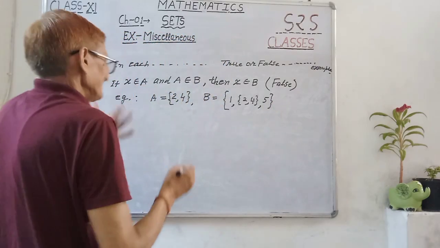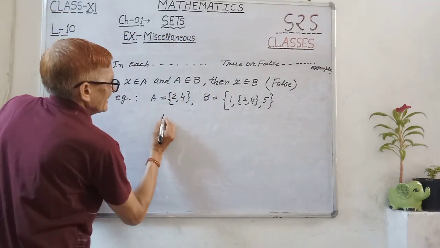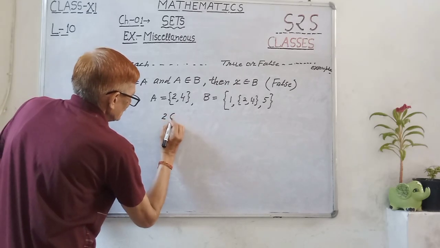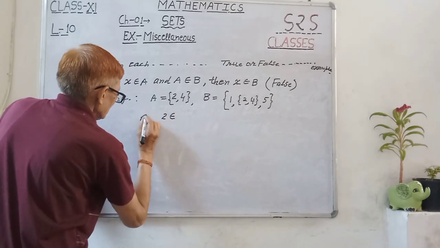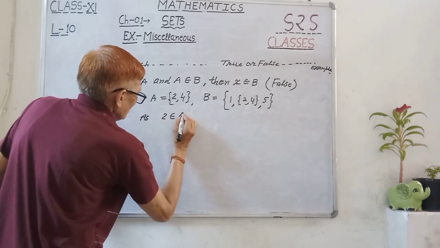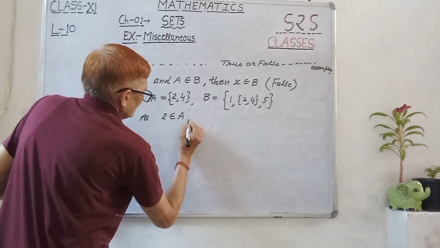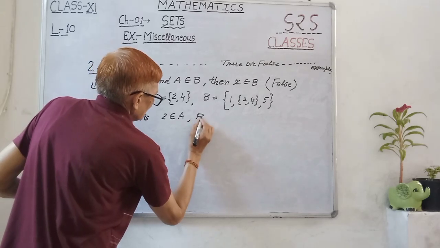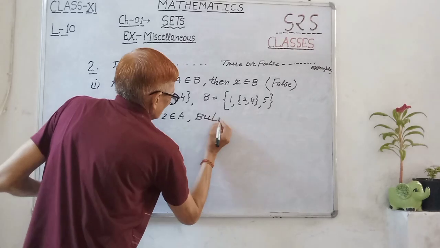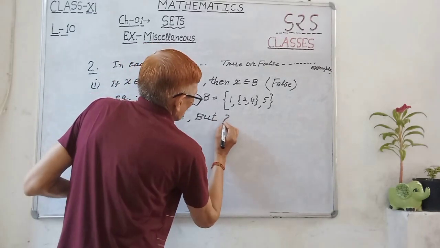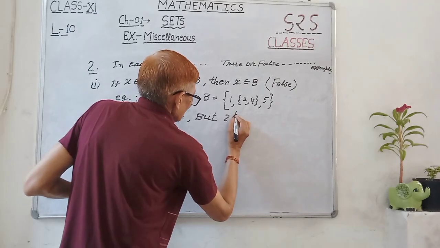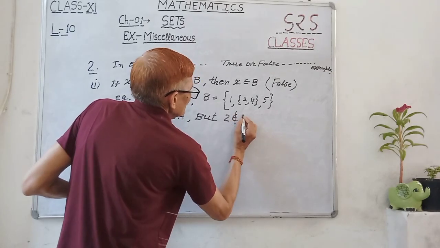Then we can say that 2 belongs to set A, but 2 alone is not an element of B. 2 does not belong to set B.